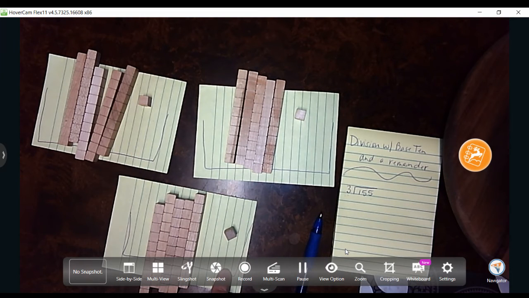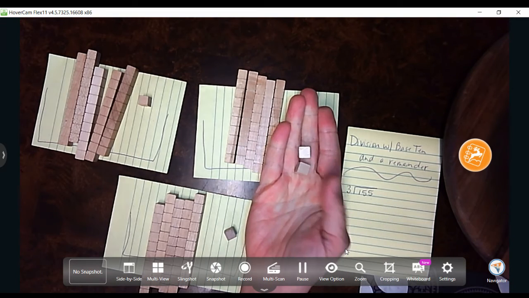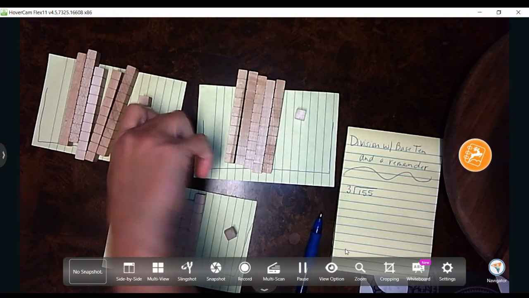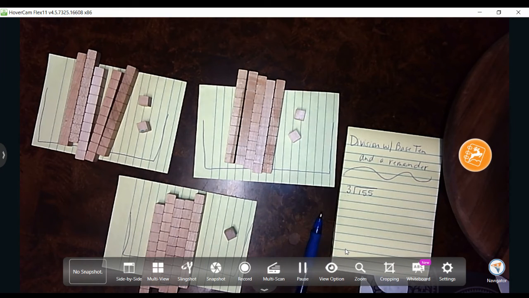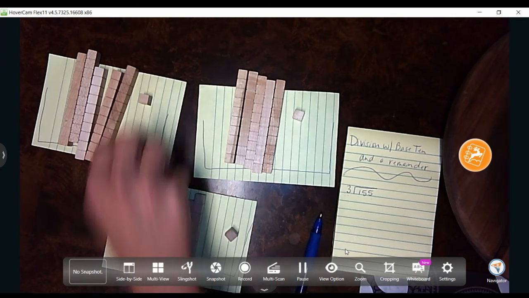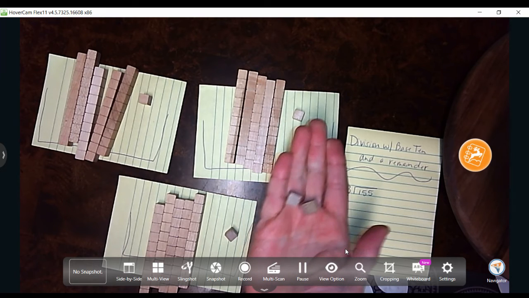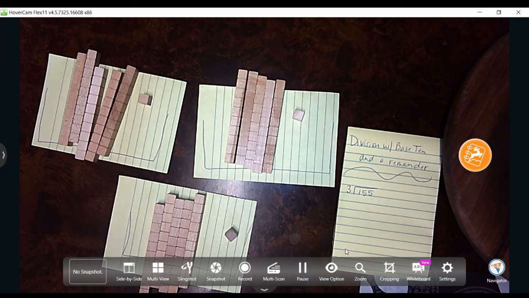So each group has 3 ones, but I have 2 in my hand. 1, 2. Do I have enough? Is this one equal? When we divide, we want to have equal groups. Is this one equal? Nope, it's not equal, so I can't put these 2 into my equal groups. So my 2 ones will be my remainder.